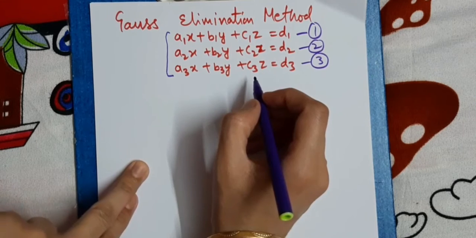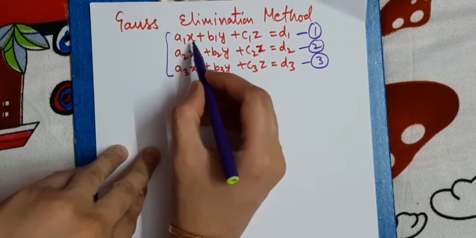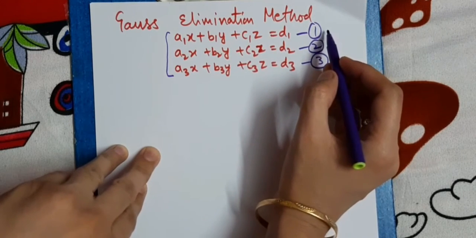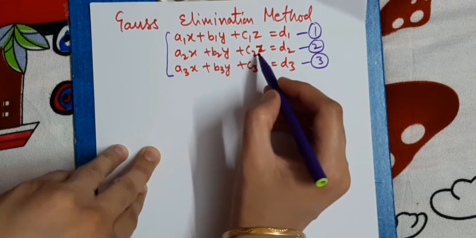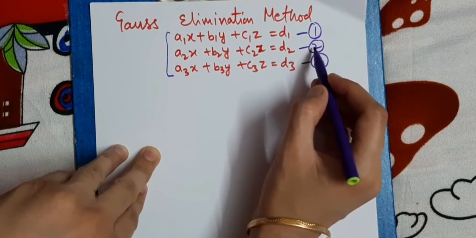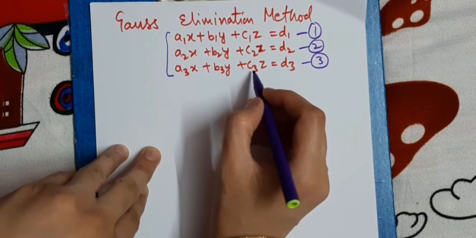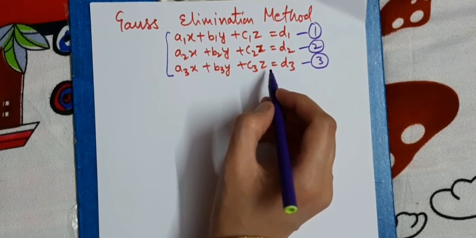First we will consider this equation: a1x plus b1y plus c1z is equal to d1. Let it be equation number 1. a2x plus b2y plus c2z is equal to d2, equation number 2. a3x plus b3y plus c3z is equal to d3, equation number 3.